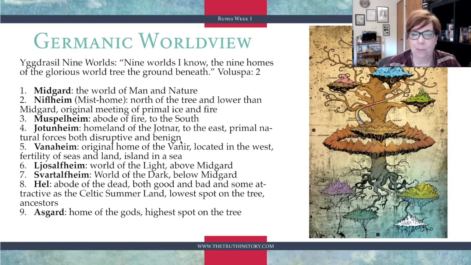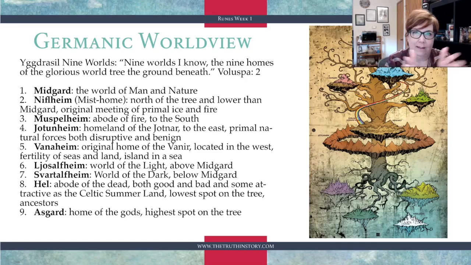So again, we're not going to spend a lot of time here because this is not a course on the Germanic worldview. But I think the key takeaway is that in terms of runic work, the understanding of the fluidity of what reality is, crossing into other dimensions and back and forth, and the interchange of information and ideas and magic between these different realms is something that the Celtic and Germanic mindsets, which again had a lot of crossover, shared.